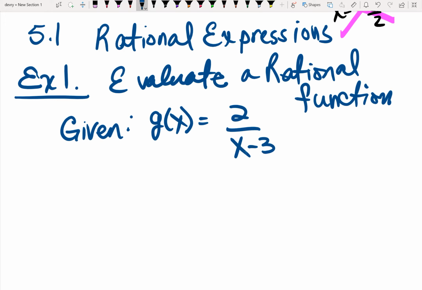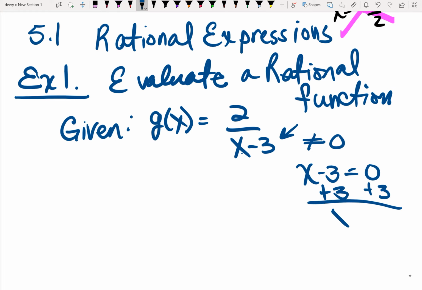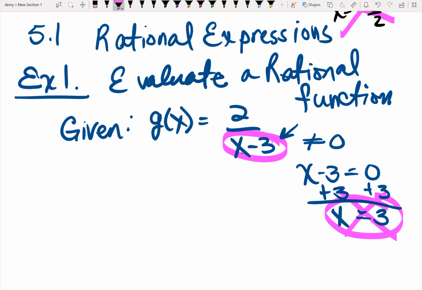So I want you to go back and remember fractions, and remember that this part of the fraction can never equal 0. If I were to take x minus 3 and set it to 0, I would add the 3 on both sides, and this would give me x is equal to 3, which is exactly the value that x cannot be, because if it is, this becomes undefined.